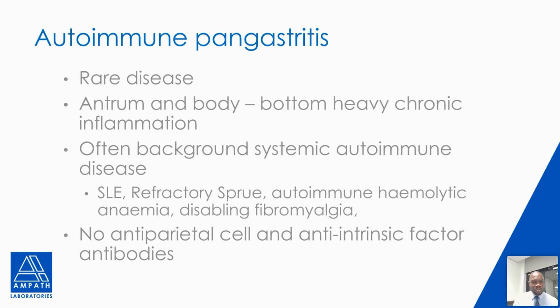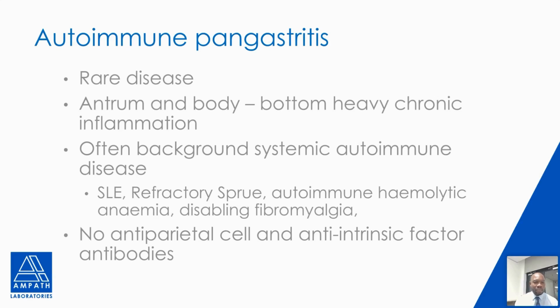They described these patients as having a gastritis involving the antrum and the body, and also showing this bottom-heavy pattern. What was interesting was that all these patients had systemic autoimmune disease.